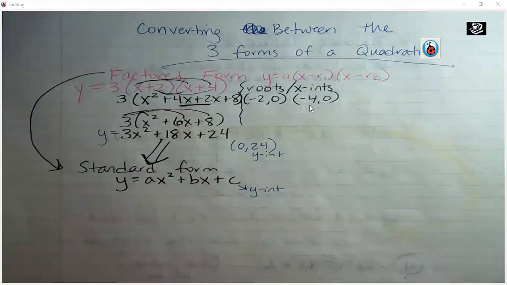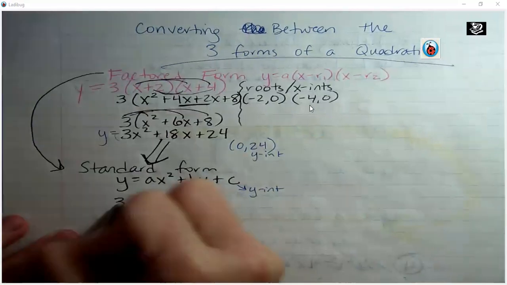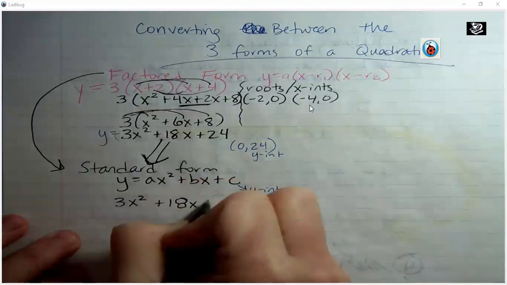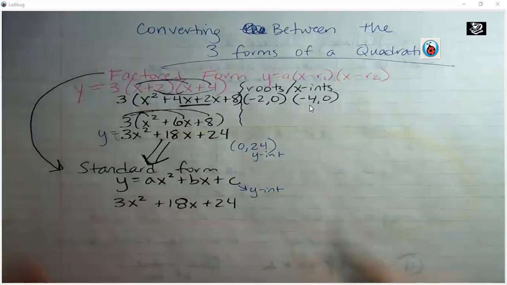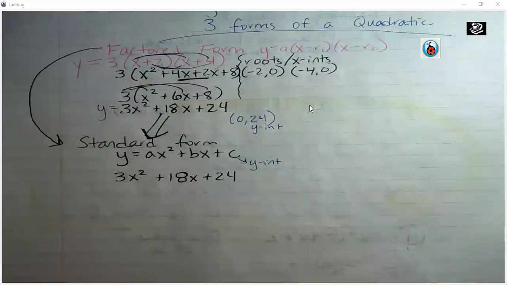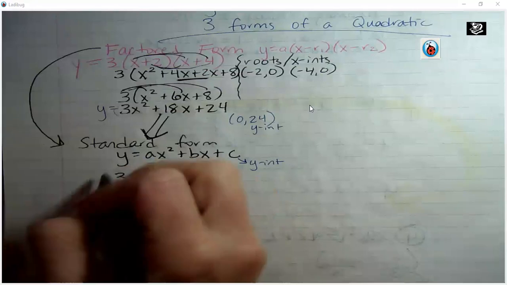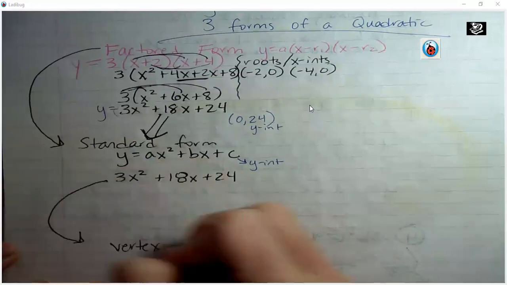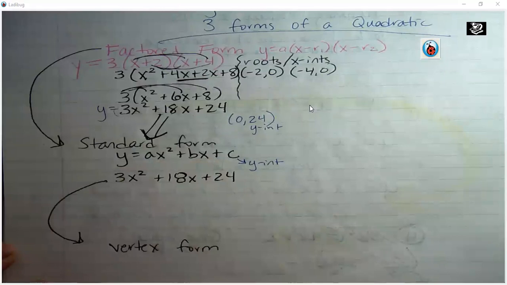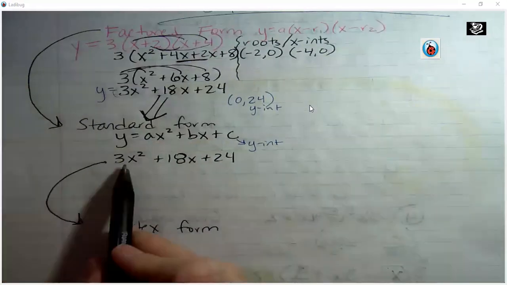All right, now let's go from the standard form to the vertex form. From 3x squared plus 18x plus 24.